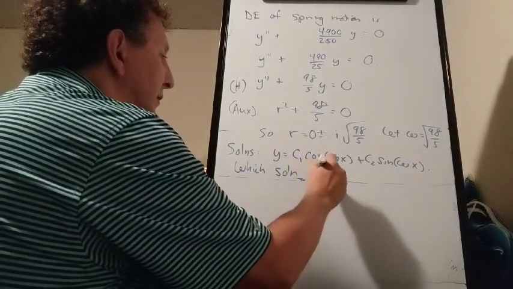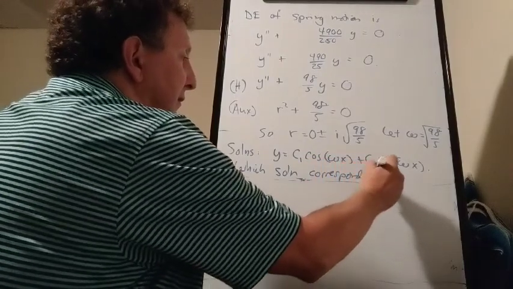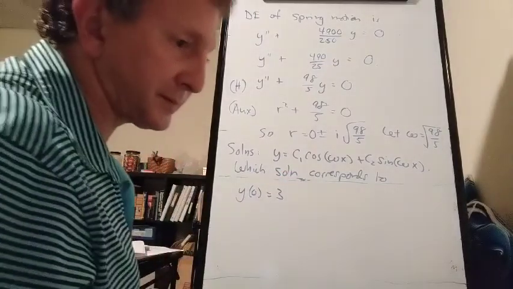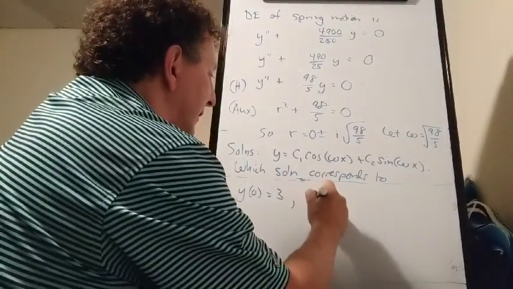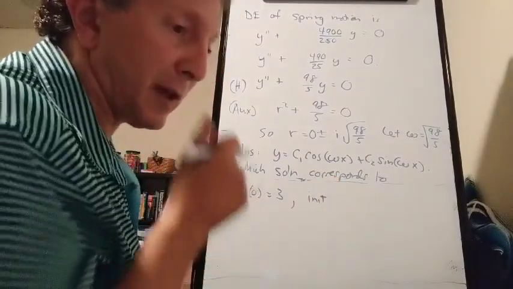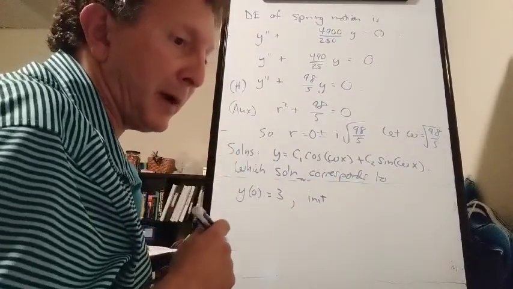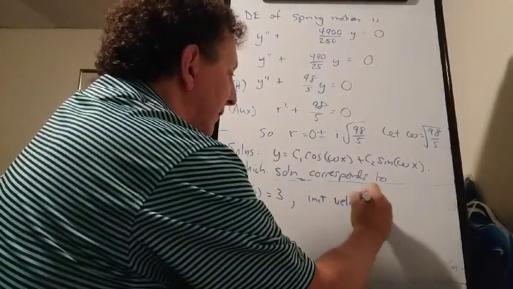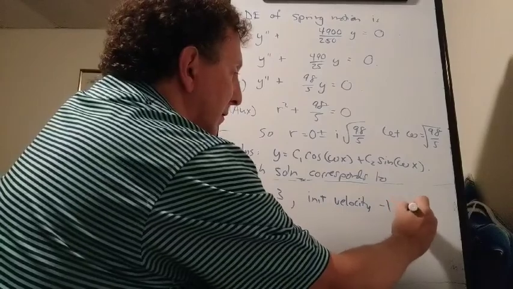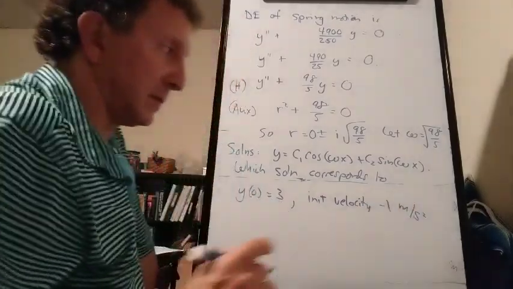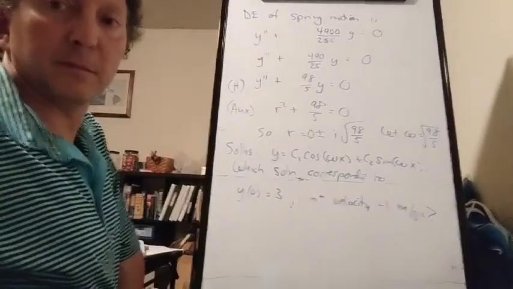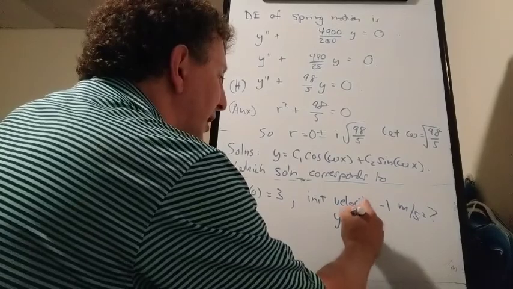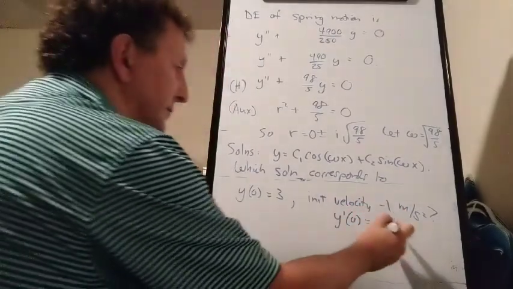So which solution corresponds to initial position of 3 meters and initial velocity of minus 1 meters per second? So the initial velocity is y prime of 0 equals minus 1.